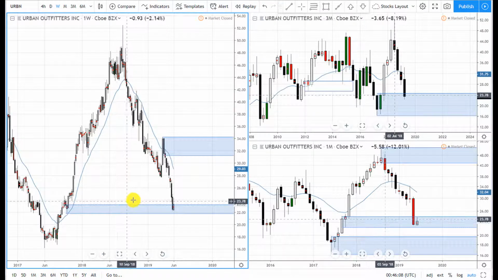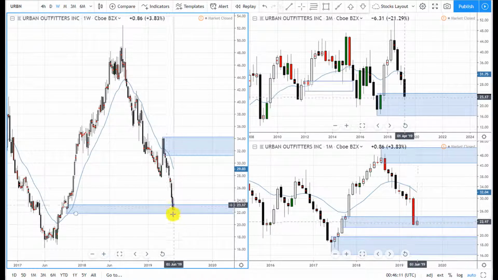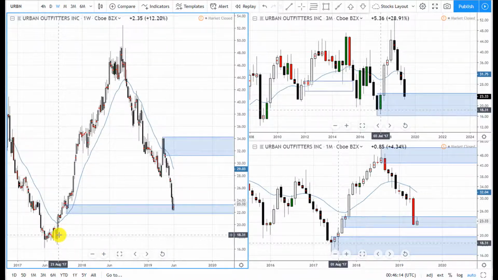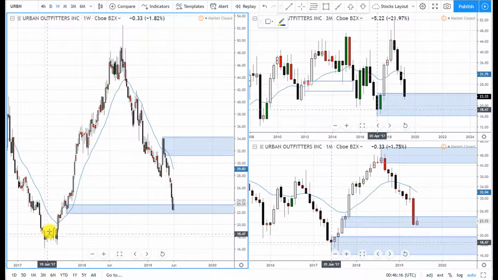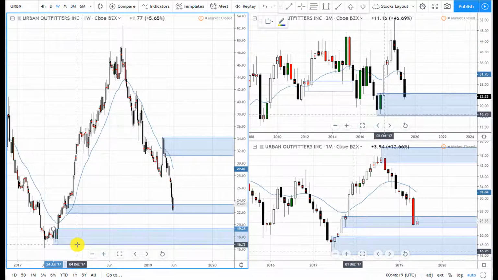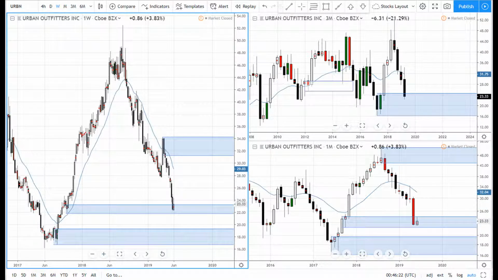If price breaks this weekly demand zone, then we have to look to go long down here. So if price drops down, then we have to wait to go long down here. But down here, price is good, but it's not really that strong.